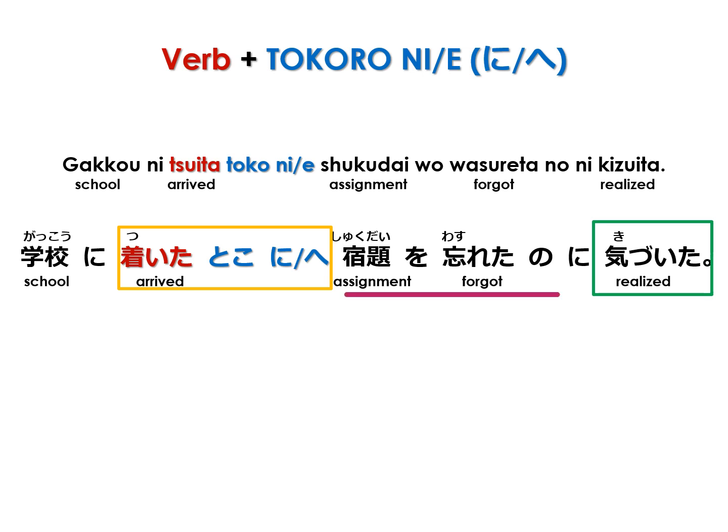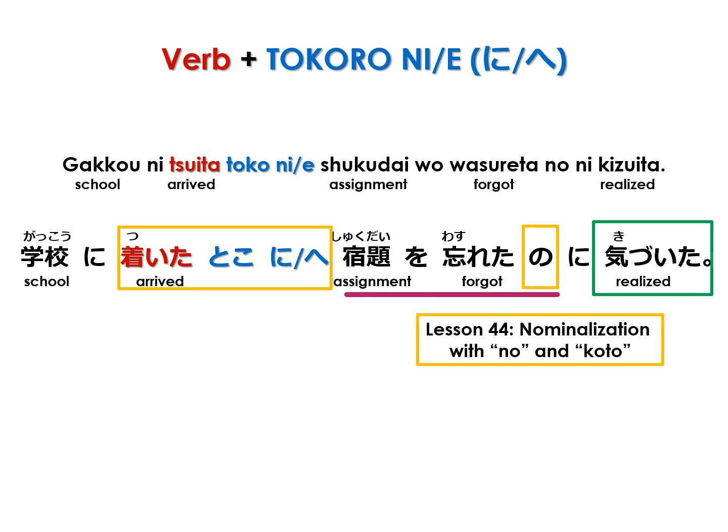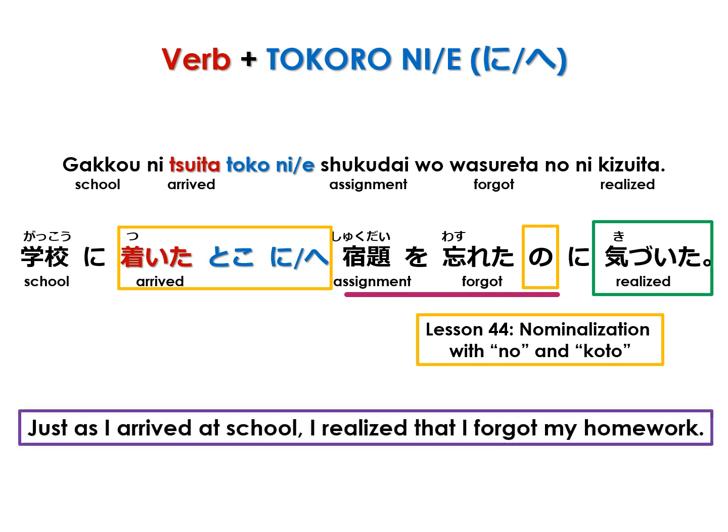Shukudai o wasureta no. The particle no here is a nominalization, converting the verb phrase before it into a noun clause. You can review nominalization with no and koto in lesson 44. So the whole sentence translates to, just as I arrived at school, I realized that I forgot my homework.